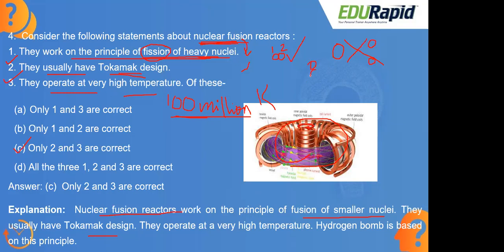Smaller, lighter particles will collide together to release a high amount of heat energy, and all of this is carried out only if there is very high temperature. Clear? So the hydrogen bomb is also based on the same principle, nuclear fusion with high temperature. Is that clear? Moving to the next question now.